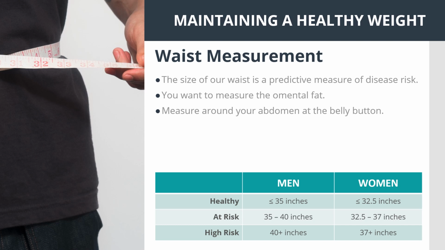Why that body fat goes to the omentum, or that fat area underneath or in your abdomen, is due to a stress hormone called cortisol. It's released when you have low-level anxiety or chronic stress, and that cortisol is meant to release energy for you to run and hide.